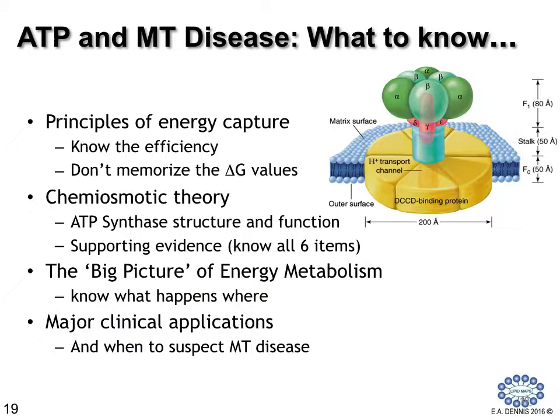With regard to Part B on ATP synthesis and mitochondrial disease, it's important to again understand the principles of energy capture. Know the efficiency of biological reactions in capturing the energy in the form of ATP, but you don't have to memorize the delta G values in those equations, just have the sense that about 40% of the intrinsic energy is captured in the form of ATP to drive the important biosynthesis of our central molecules of metabolism.